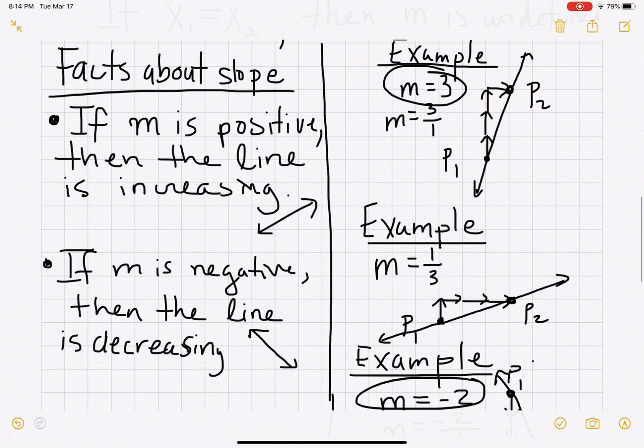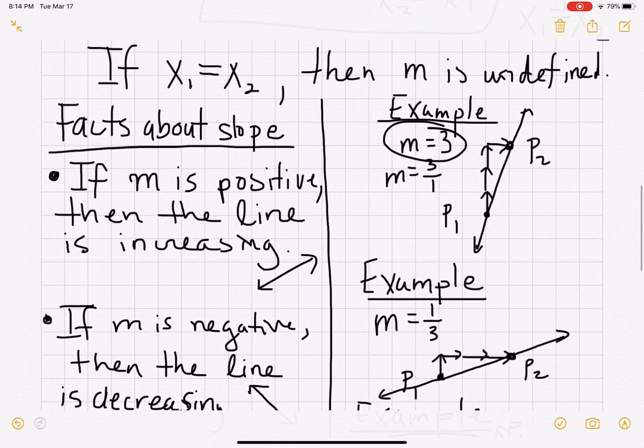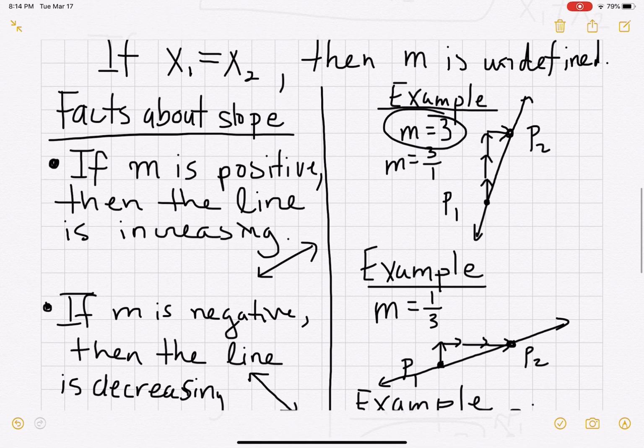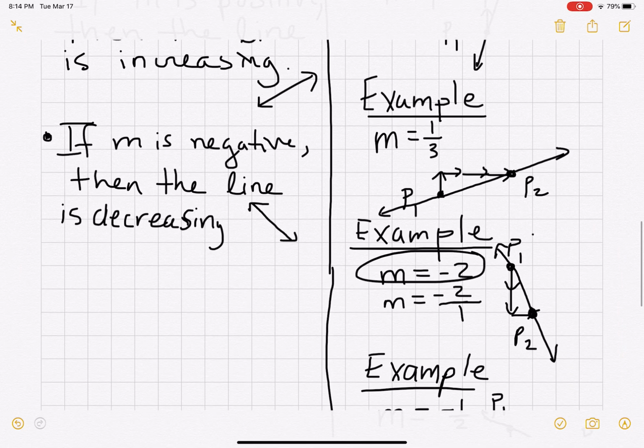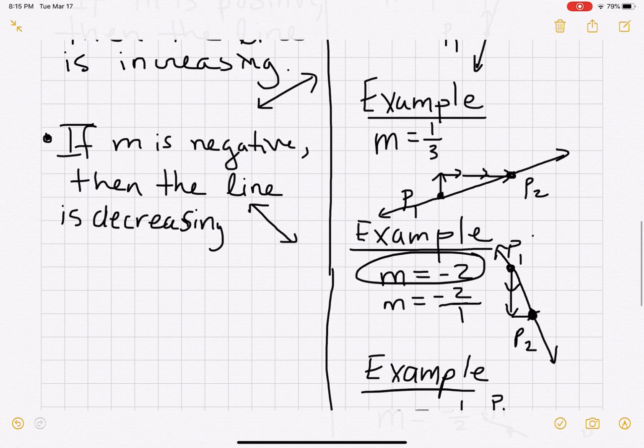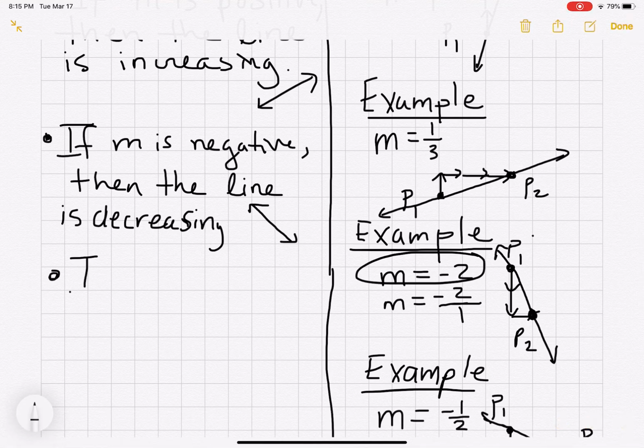Notice how steep the line is, right? When it's 3 and when it's -2, the line is really steep. So what we're going to say here, we're going to write another fact that if the absolute value of the slope is bigger than 1, then the line is steep.